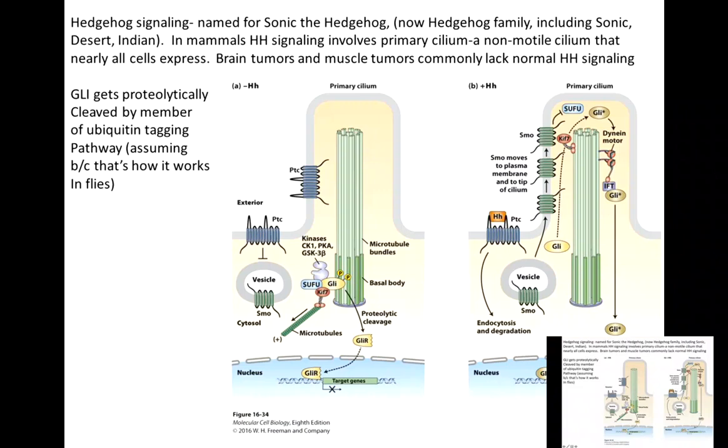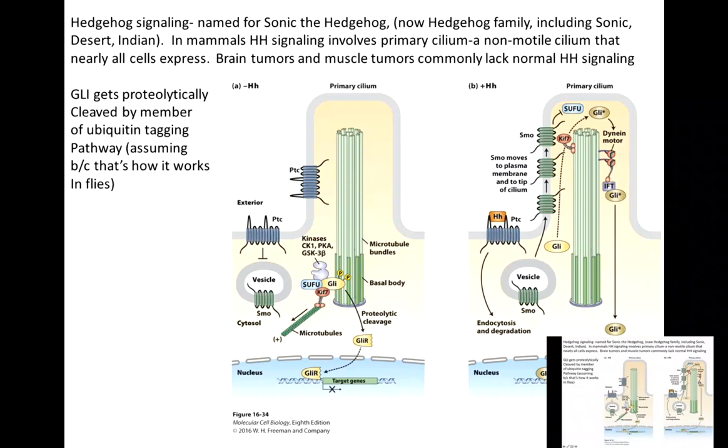GLI star then can enter into the nucleus and activate those genes. So it binds to the same place and affects the transcription of the same genes. But GLI-R, the repressor, represses transcription of those genes, and GLI star activates transcription of those genes.